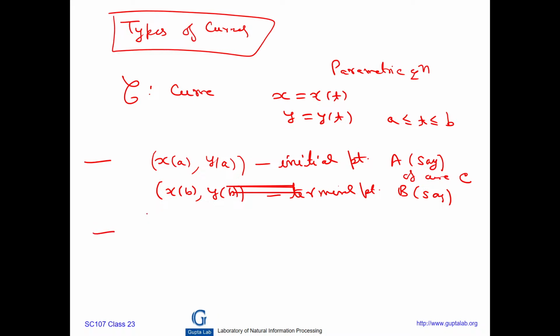So now some nomenclature, or some properties I would say. C is called a smooth curve if dx over dt and dy over dt are continuous.